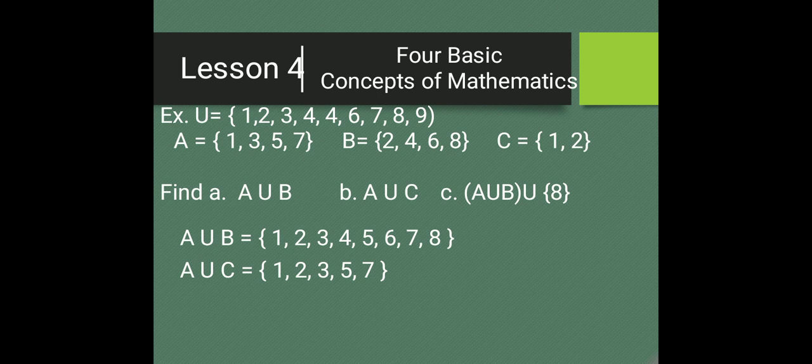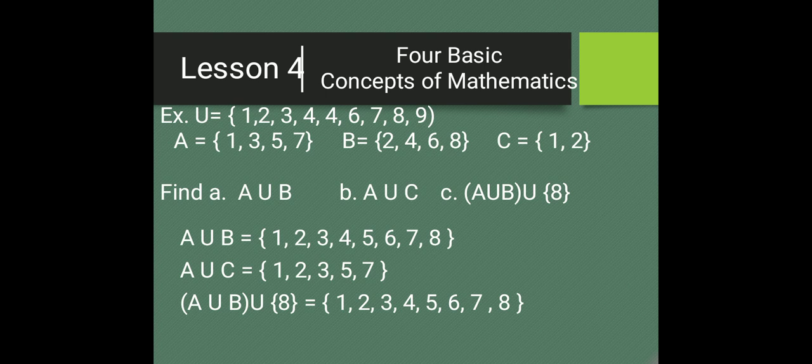Okay, next one, for letter C. Find the union, okay? Yung pinag-aralan natin sa PEMDAS, so we will use this one. The union of A and B. Tapos, yung set na yan is kailangan pa rin i-unite kay set B. So, paano yan, sir? Okay, so we have the union of A and B, union B is just equal to, okay, alam natin ang A union B is 1, 2, 3, 4, 5, 6, 7, 8.